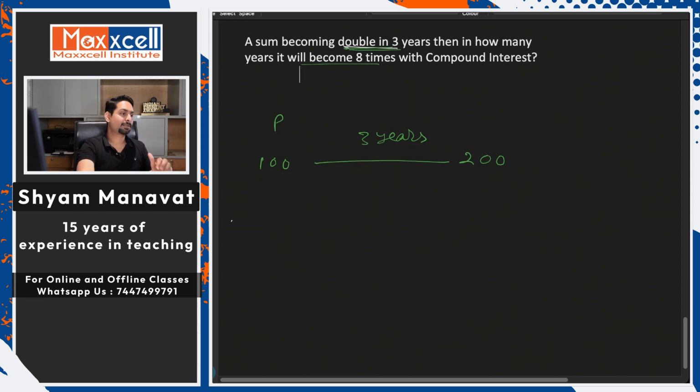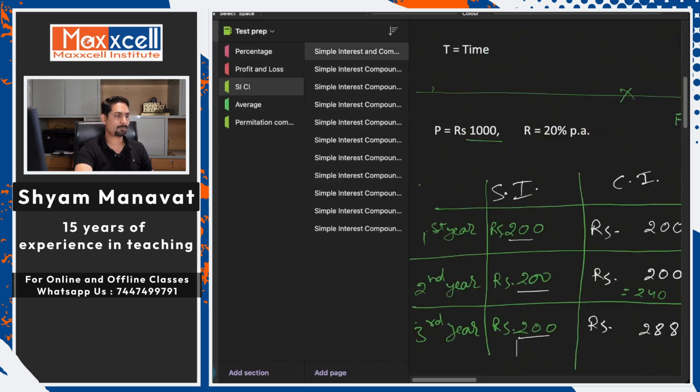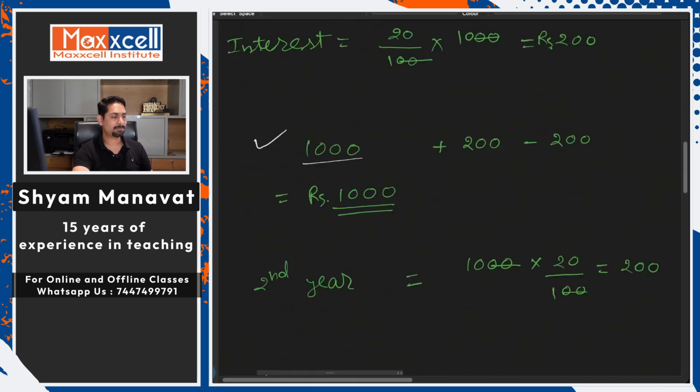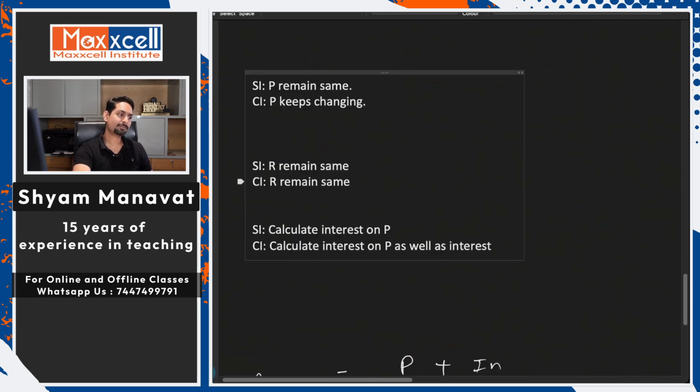In compound interest, the rate of change remains same. What remains same? Rate of change remains same. When have we discussed this? We have discussed that in lecture number 1. R remains same. What is our rate of interest? Or I can say rate of change.